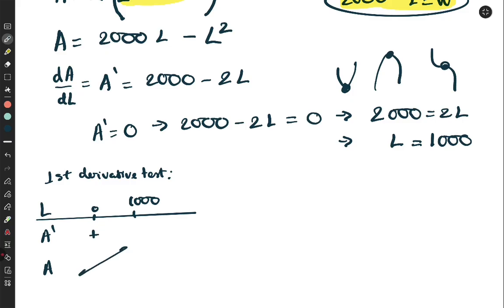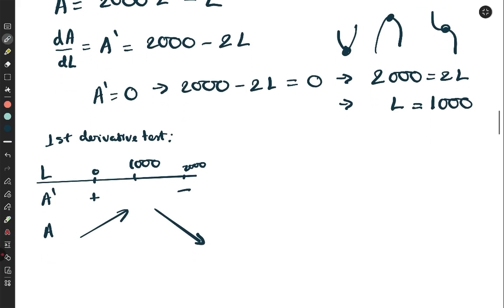That is positive. Go up. I pick maybe 2,000. That would give me 4,000 negative 2,000. Okay, a negative. Now I can confirm that 1,000 right there generate a local max.